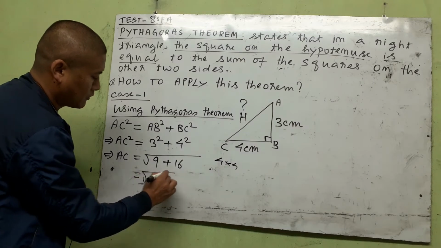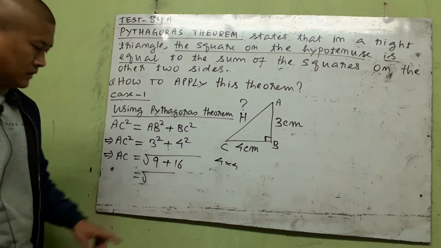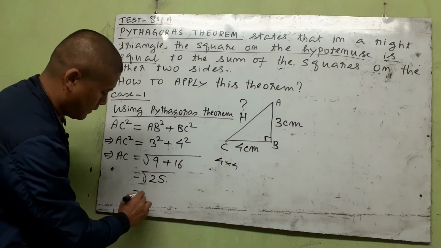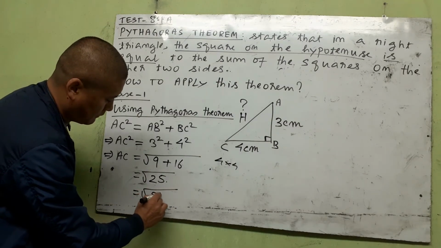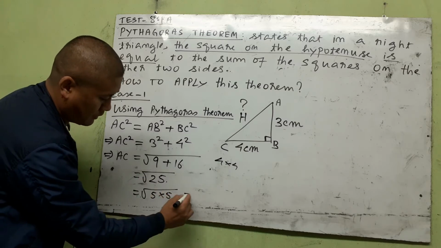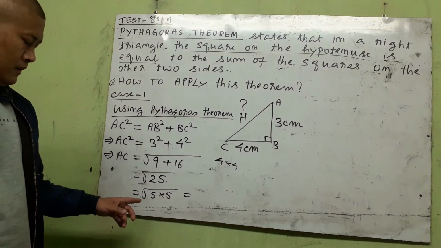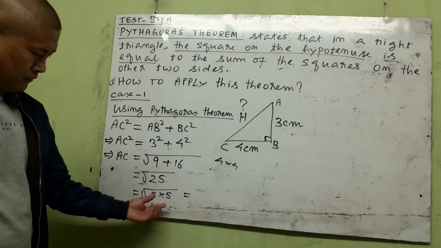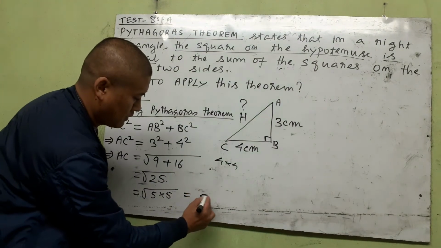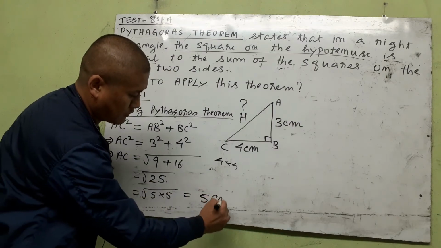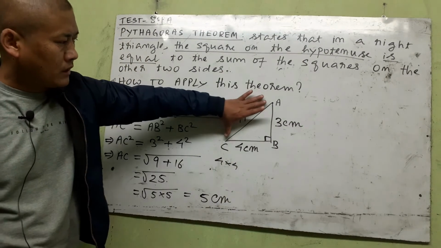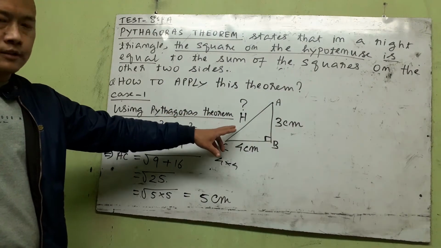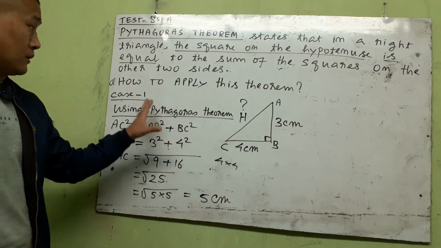So that will be equal to root over 9 plus 16, which is simply 25, right? And we know 25 is 5 5s. When two identical numbers are inside the root, we can take it out as single, and the root is therefore removed. So we found the unknown side AC as 5 centimeters. That's how we use Pythagoras theorem to find the third unknown side, case 1.